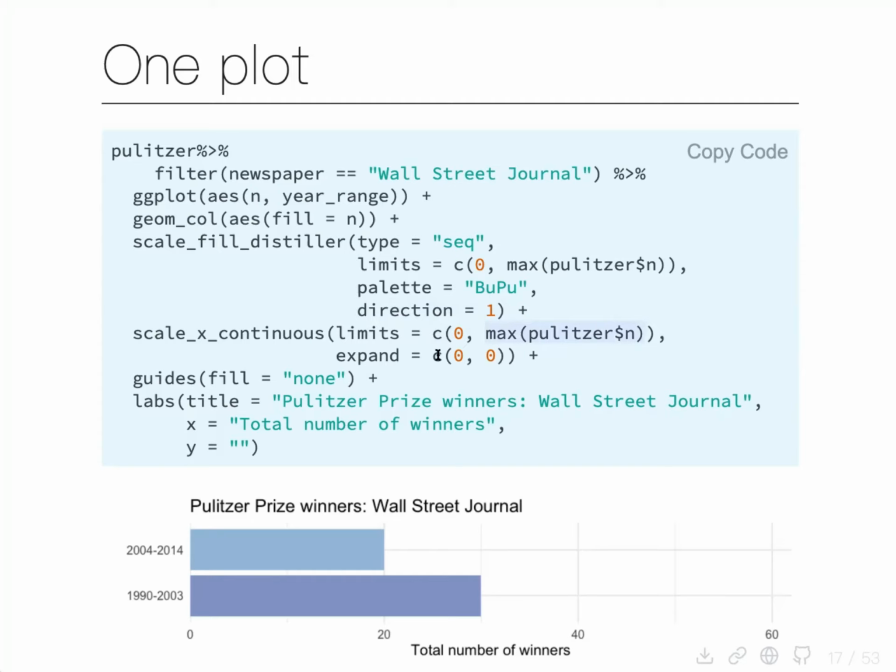Then I'm going to expand 0, 0 to shove these labels a little bit closer. Guides fill equals none is going to drop the legend, and then I'm adding some labels. The title is Pulitzer Prize Winners, Wall Street Journal. X equals total number of winners, and Y is nothing, because there's no reason really to have a label there. So that's the plot that I end up creating.